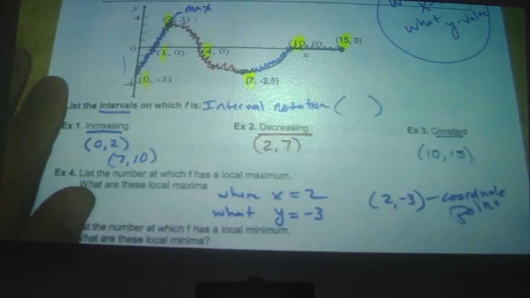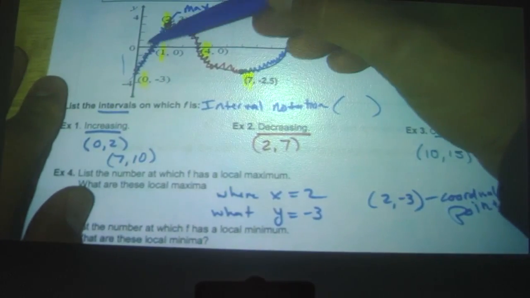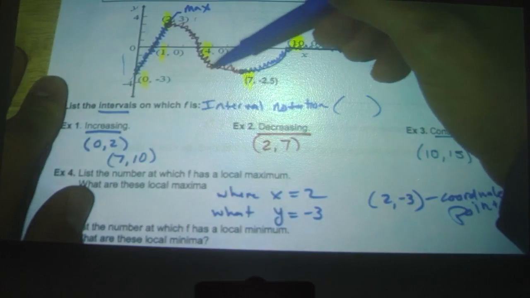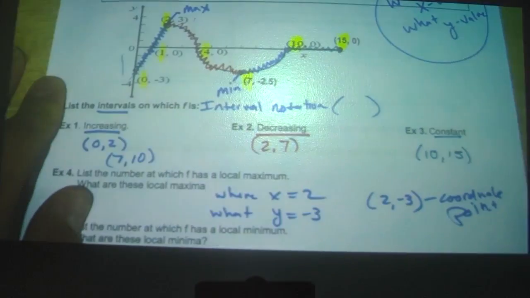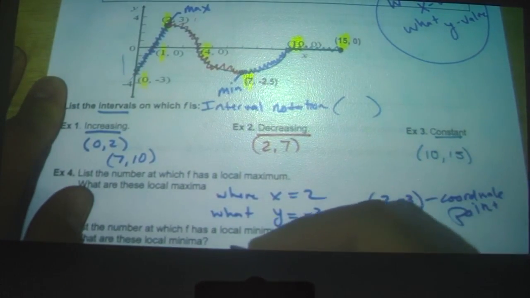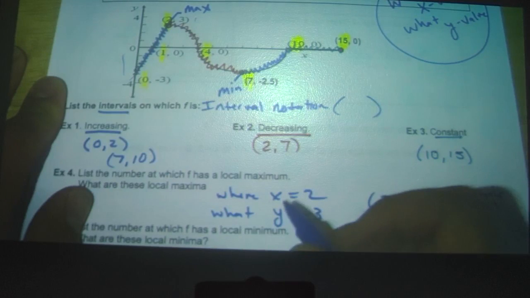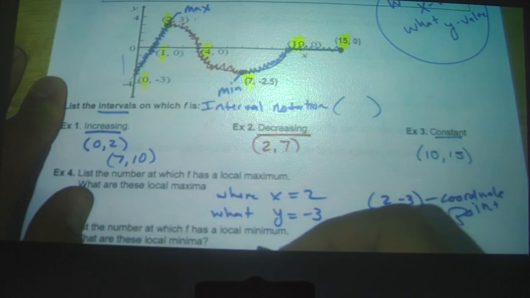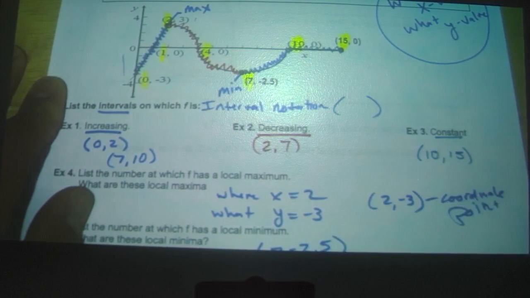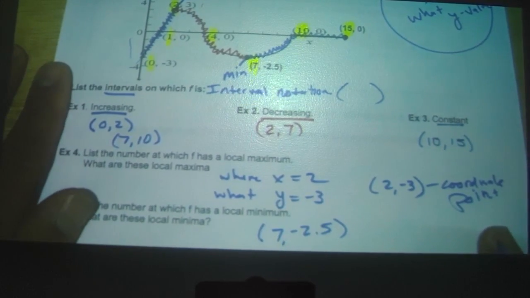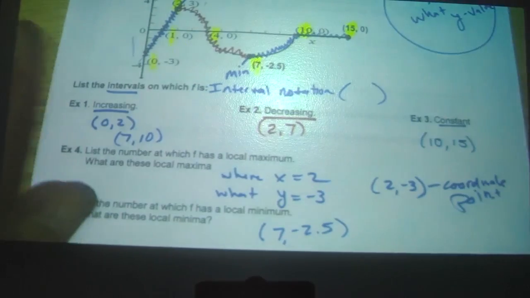Here it is, decreasing to increasing right here. This guy right here is the minimum. So where is it? It's at 7. What is it? -2.5. Or if you just gave me the point (7, -2.5), that would be fine for me. So that happens right there.